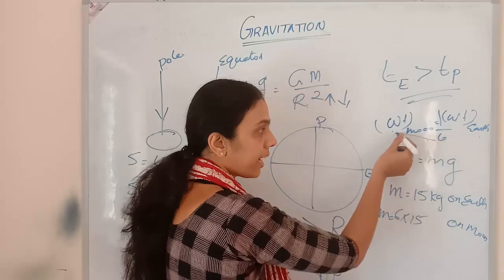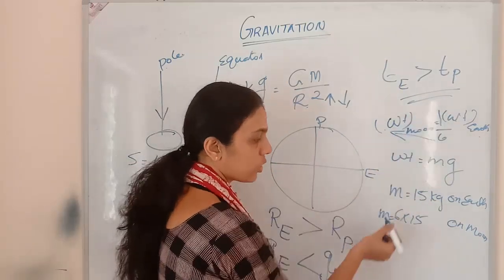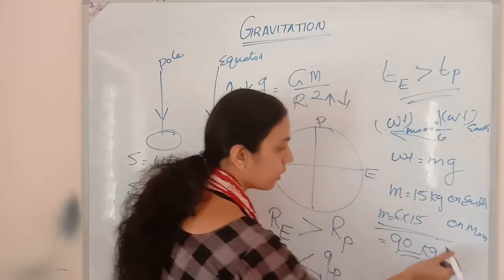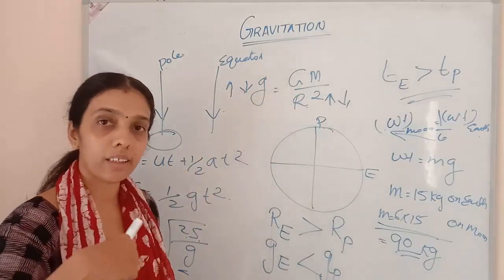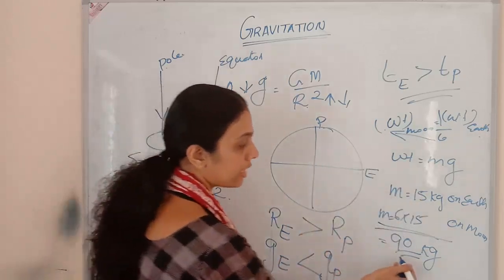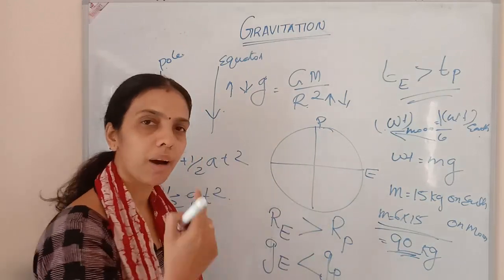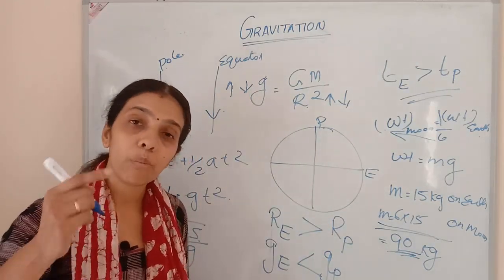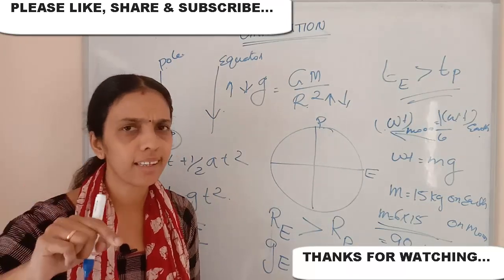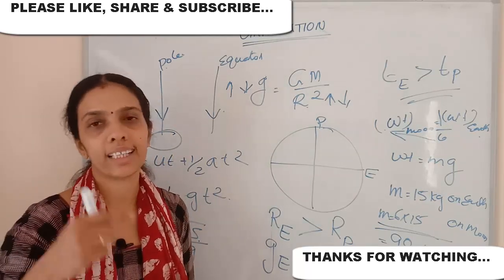So the mass he can take is 6 into 15, which is 90 kilogram. If he can take 90 kilogram on the moon, it becomes 15 kilogram on earth. On the moon he can take more mass, since the acceleration due to gravity is less, so weight will be acting less, feeling like less.